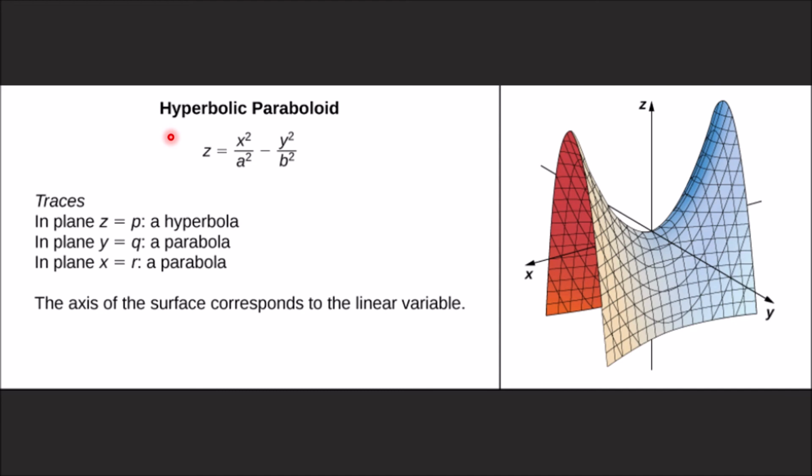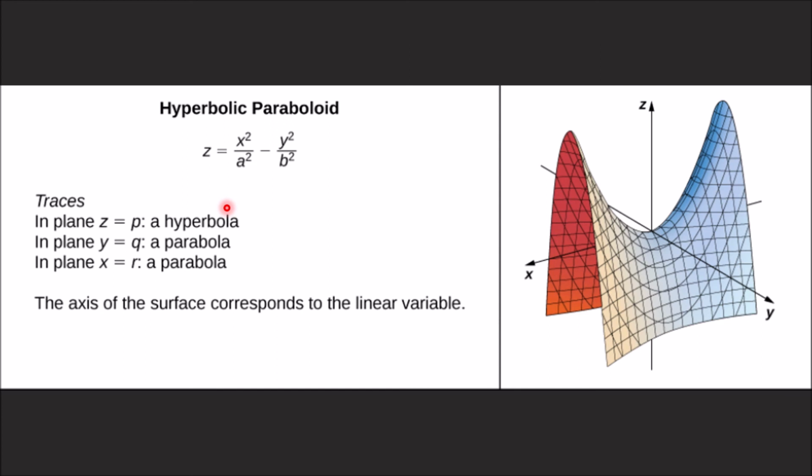And if you notice, it kind of almost looks like a saddle, right? So the saddle covers the axis of the positive quadratic variable, in this case, the x-axis. So those are the 6 quadric surfaces that we will study.